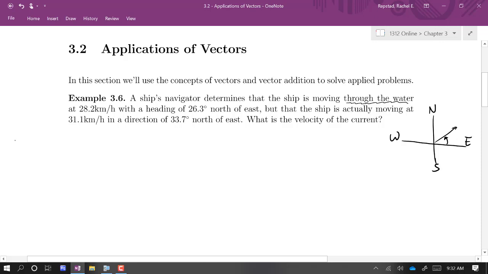Let's see. I'm going to start by labeling some vectors. So I'll let VC be the velocity of the current. VS will be the velocity of the ship through the water.